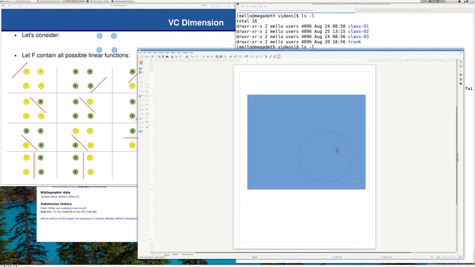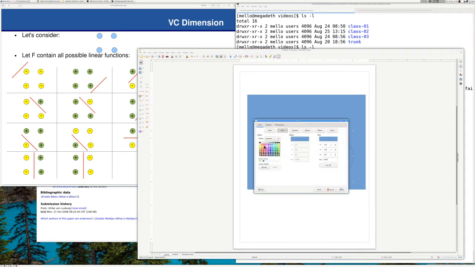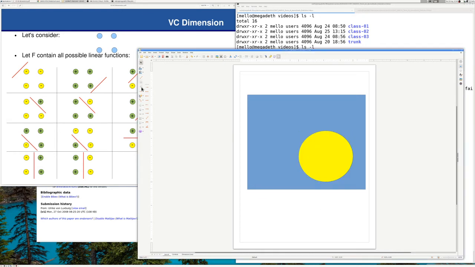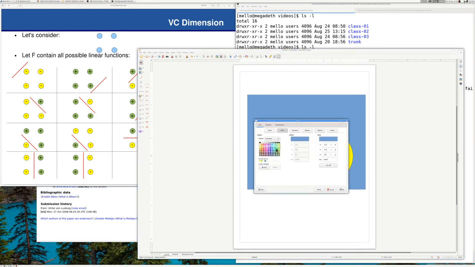Let's use a different color, like yellow. And here we have another, more restricted space of admissible functions, aka algorithm bias. This one's going to be green.